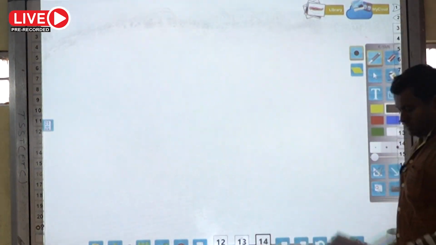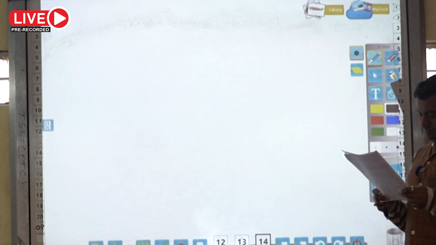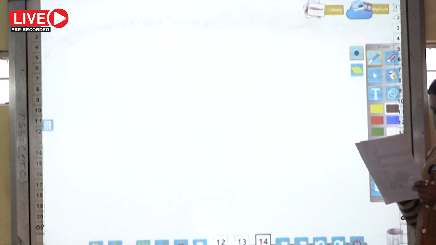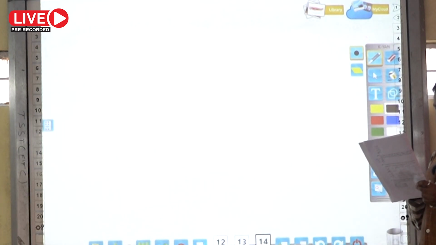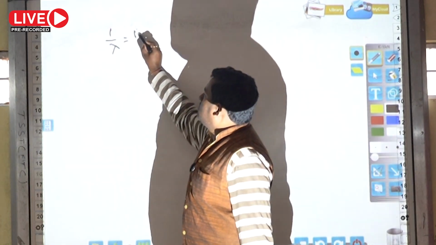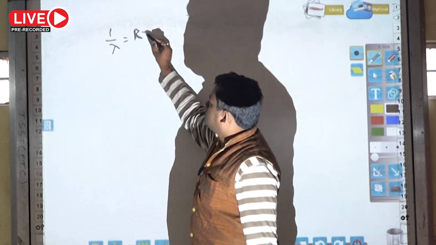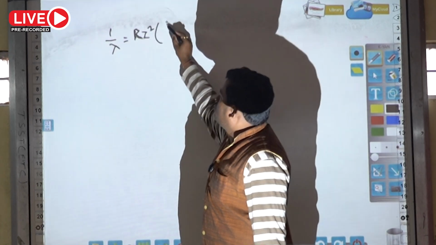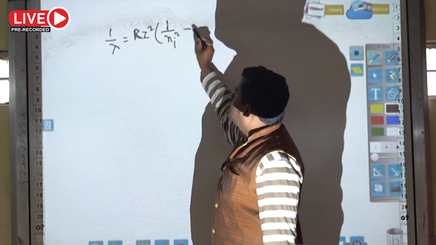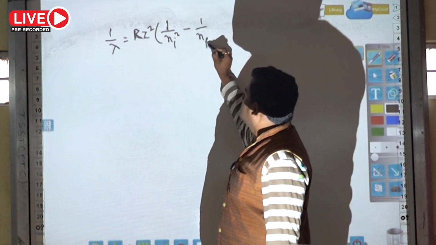See, when the electron jumps from third orbit to second orbit, it emits photons of wavelength lambda. We know that 1 by lambda equal to Rydberg constant into z square into 1 by ni square minus 1 by nf square.